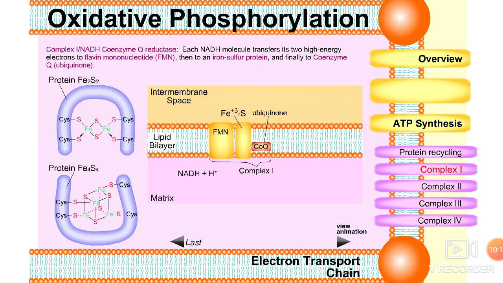Each NADH molecule transfers its two high energy electrons to flavin mononucleotide, FMN, and then to an iron sulfur protein, and finally to coenzyme Q. NADH H plus donates the electrons, which are transported to FMN, and from FMN to the iron sulfur protein, through the coupled oxidation and reduction process. If you observe this animation, the electrons go from NADH towards FMN, from FMN to the iron sulfur protein, and from the iron sulfur protein finally to coenzyme Q.